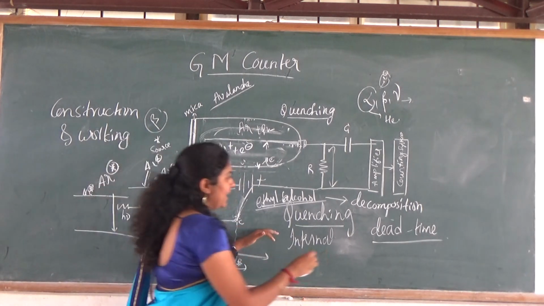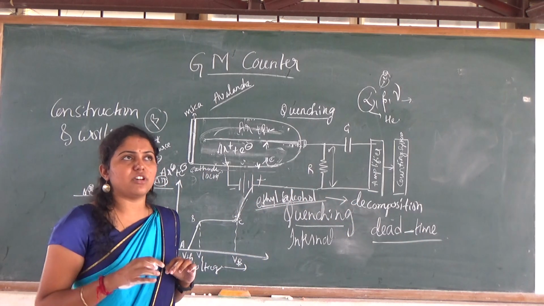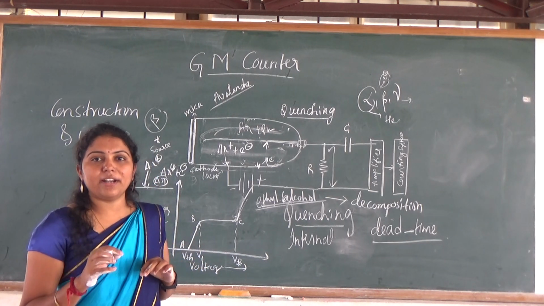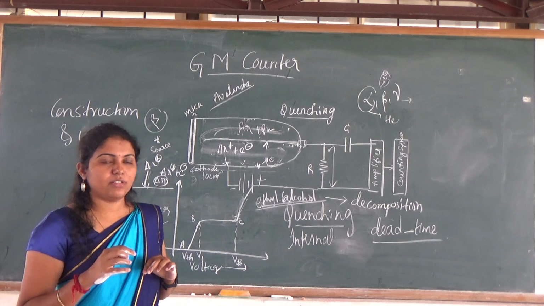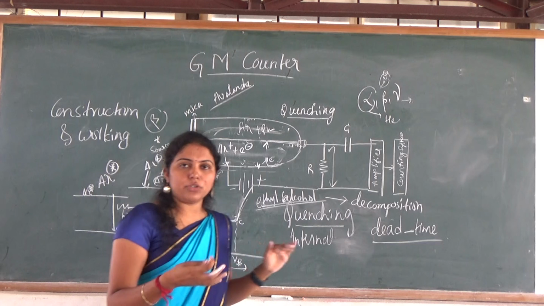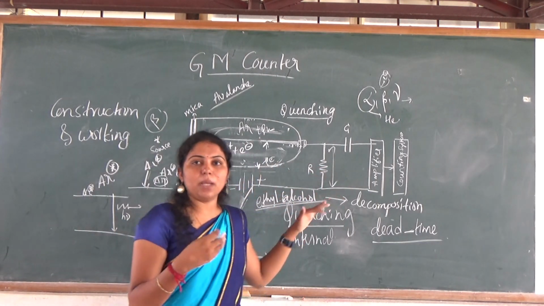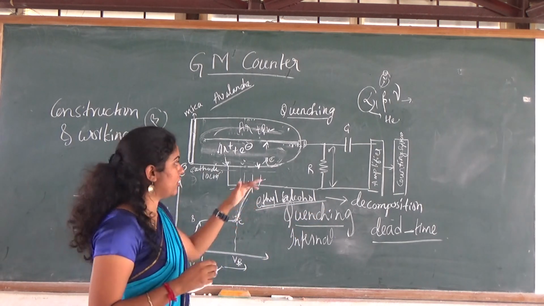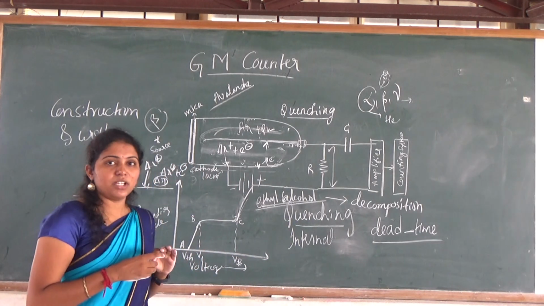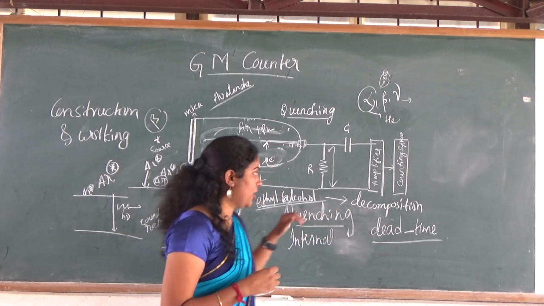The dead time of the GM counter is some amount of time, normally in terms of microseconds to milliseconds. The counter is unable to give the external output or the external count; that we refer to as the dead time of the GM counter.